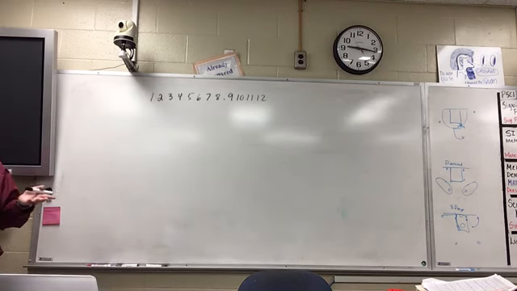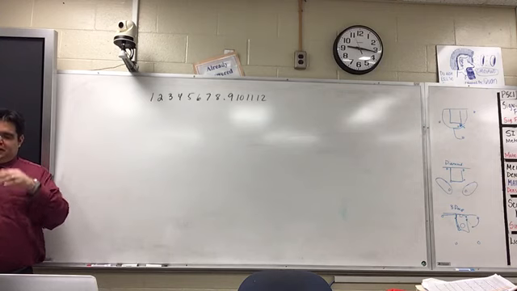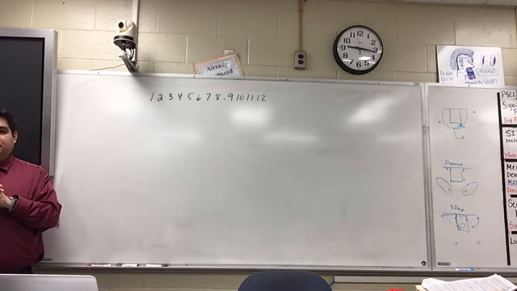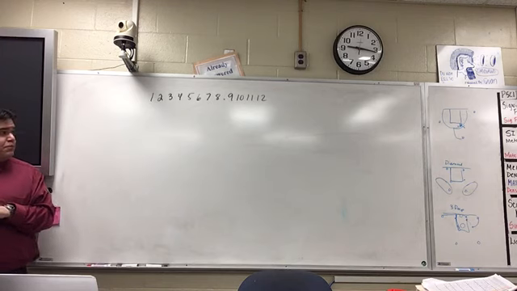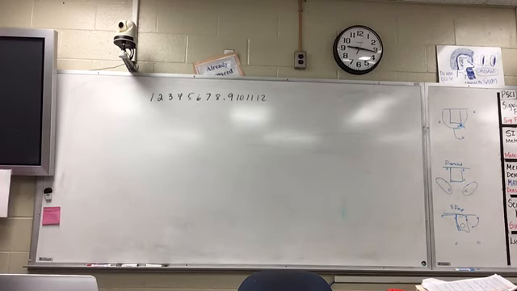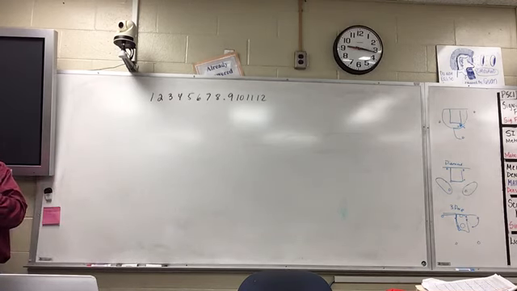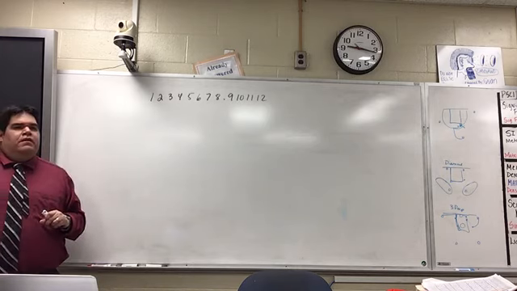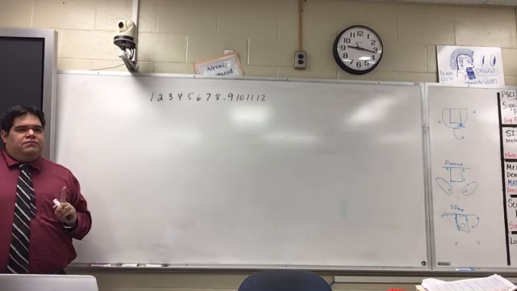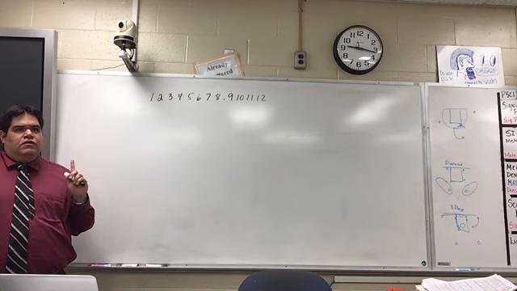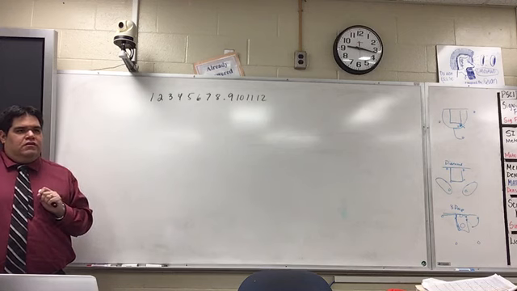We're good? How many of those numbers are significant? Say it to yourself, not out loud. Alondra. 8. She's going 8. All right. Zyquez. What's the first number? 1.